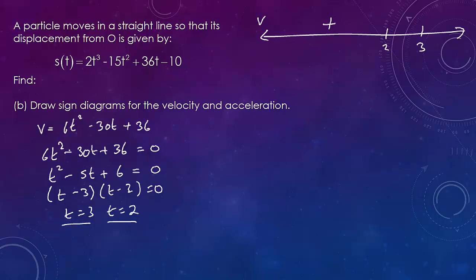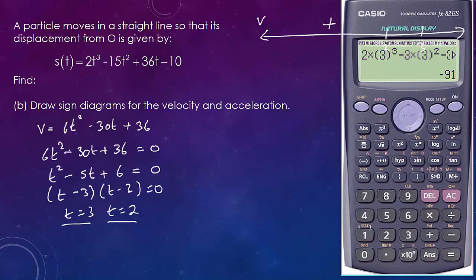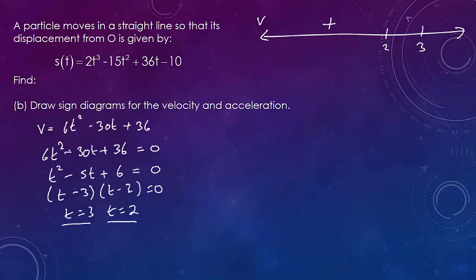So what we want to do is just bring in the calculator. And so we've got 6 multiplied by 2.5 squared. Take away 30 multiplied by 2.5. Add 36. Gives me negative 3 over 2. So that gives an indication that the velocity would be negative in between here.